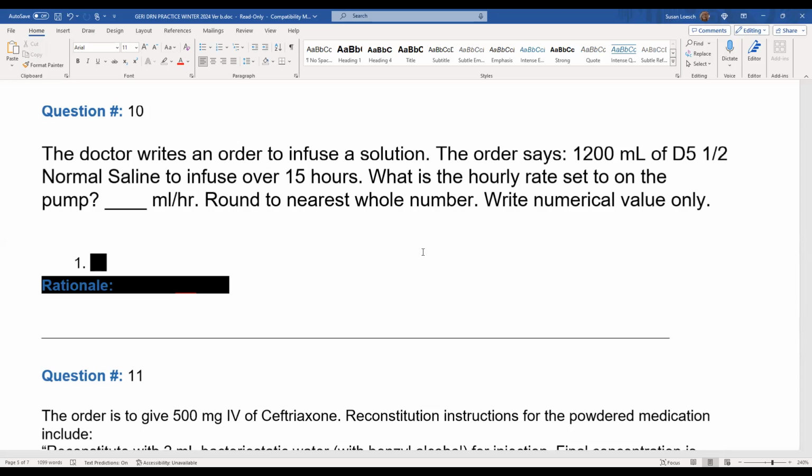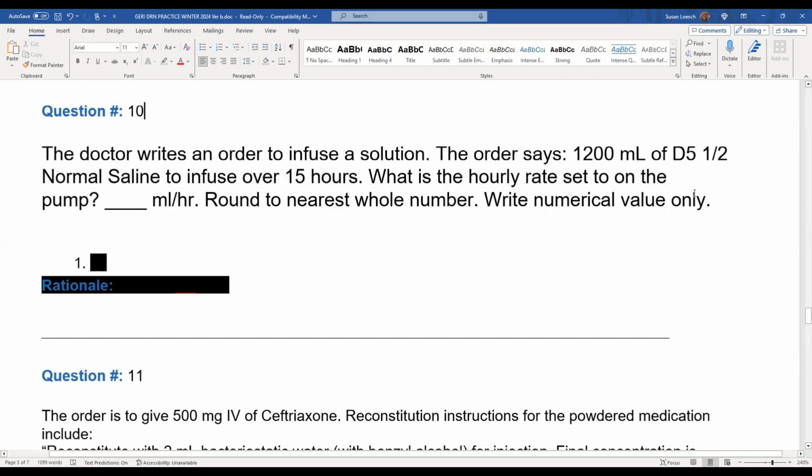Here you're just using your total volume and your total number of hours. So what am I looking at in the question? I'm looking at what the question's asking me, which is the hourly rate on the pump. I don't have anything on hand. All I have is an order that tells me my volume and how long I'm going to run it for.